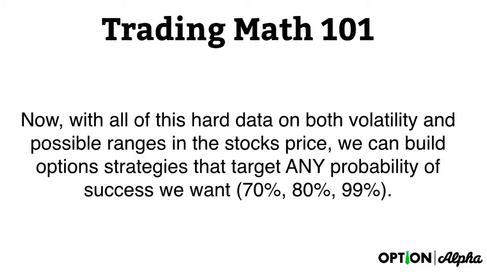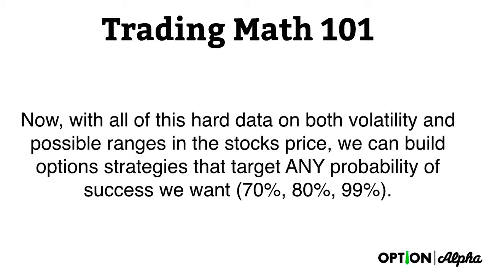Now, with all of this hard data behind both volatility and possible ranges in the stock, we can actually build option strategies that target any probability of success we want. And this is really the key ingredient here, is that with options, you have the ability to target any possible win rate that you want.